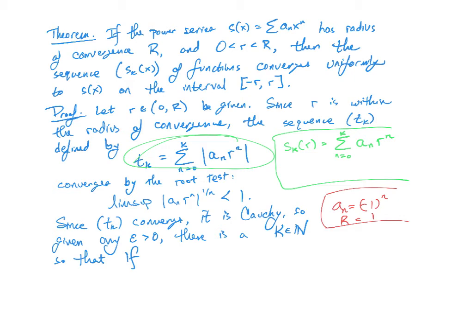I mean, they have to be in some order. So I'm going to say l is at least little k is at least capital K. Then the difference between T_l and T_k is smaller than epsilon.